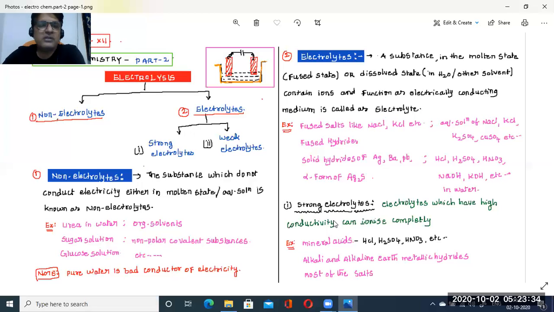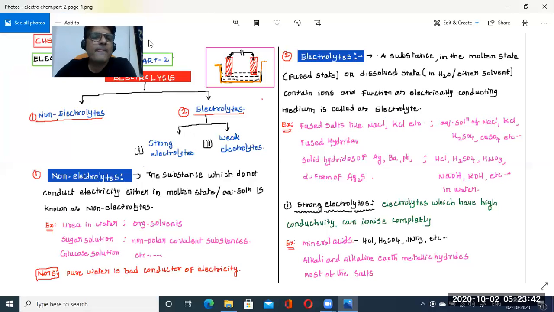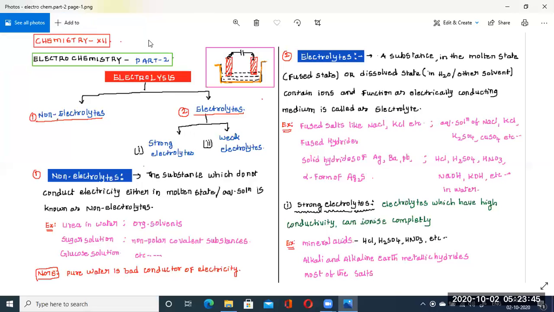Okay, so this is the first page of part 2, beta. If you want, you can take a screenshot of this page. Okay, just a moment. Yes, now you can take the screenshot of this page. Okay, now go to the next page.